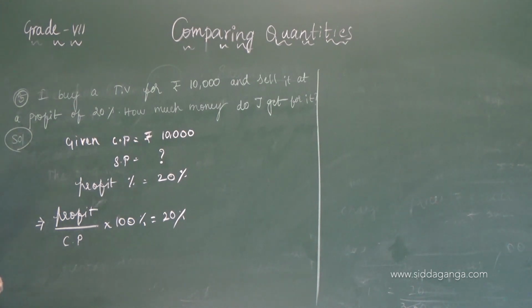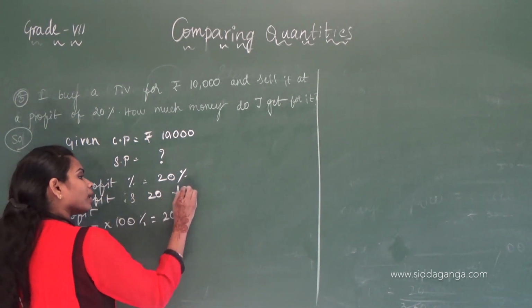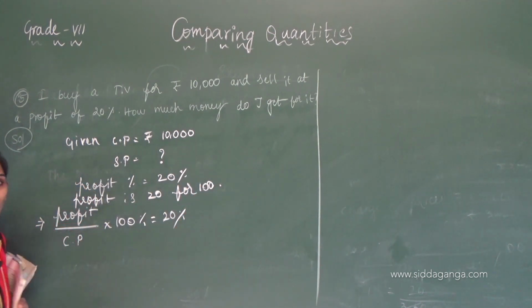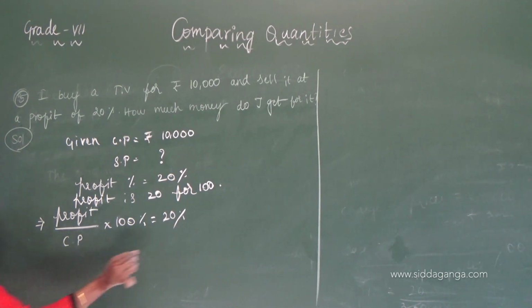That means what will the profit be? Taking 100 as the base, the profit will be 20. So profit is 20 per 100. This will be the formula.